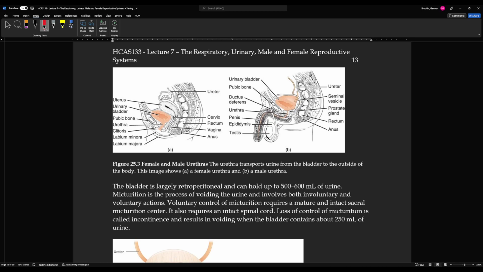The bladder can, in an average normal person, hold between 500 and 600 milliliters of urine, but it's very possible for it to expand beyond that. The structure of the bladder is rather interesting.